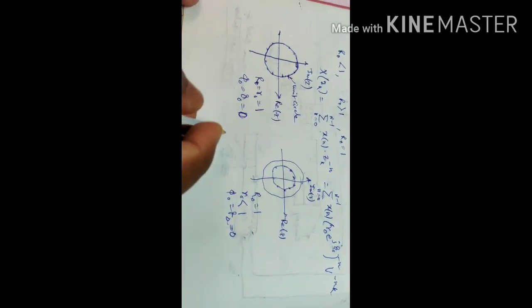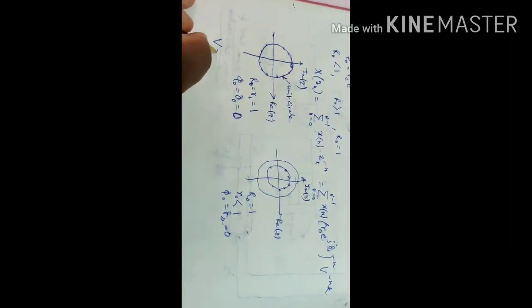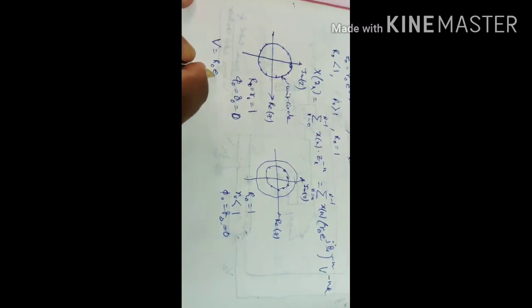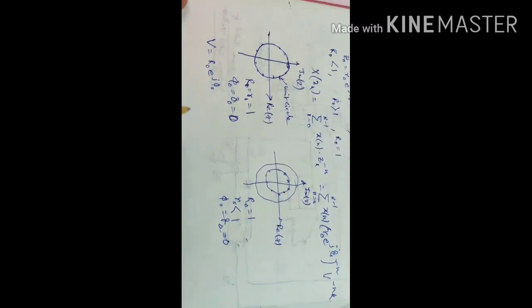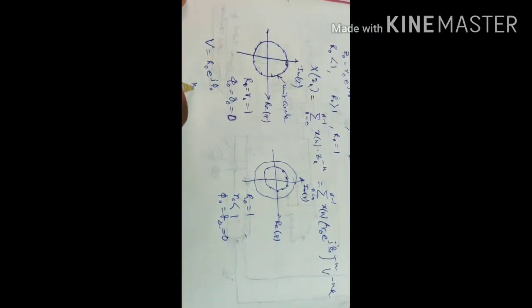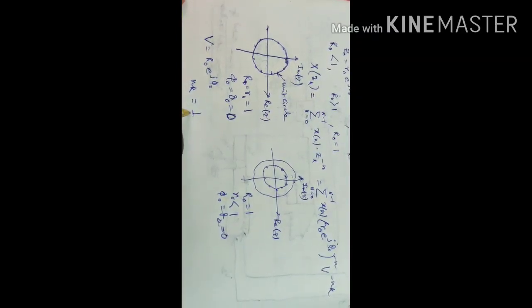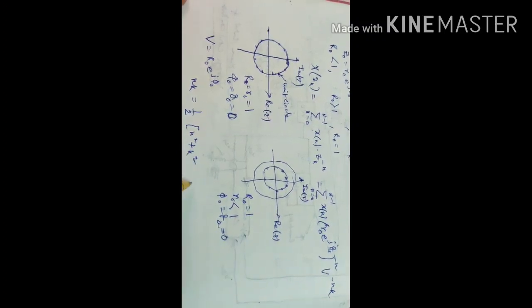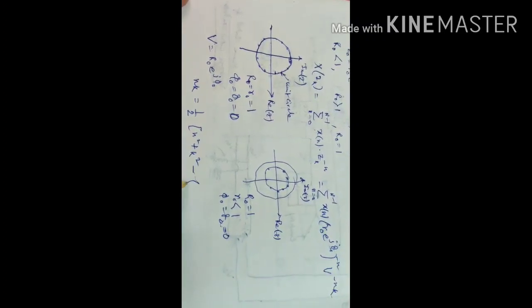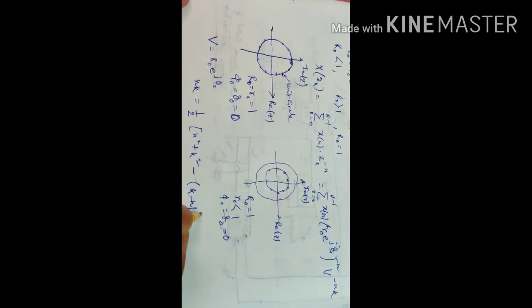So by definition, W equal to R_0 e to the power j phi_0. So we can express nk as half of n square plus k square minus (k minus n) whole square.